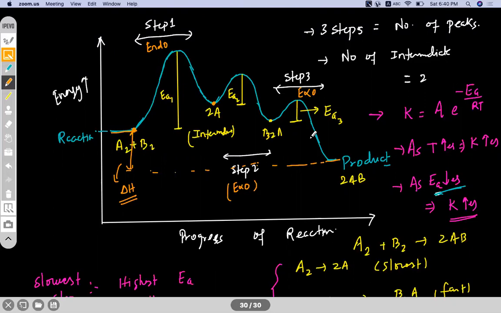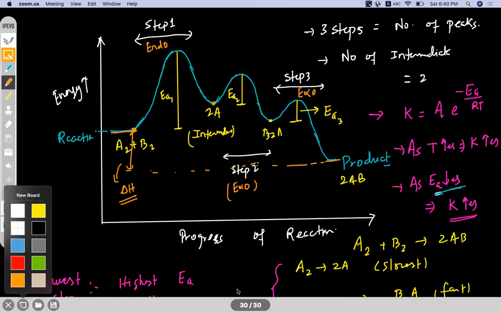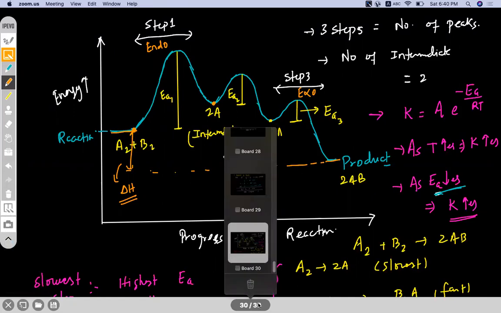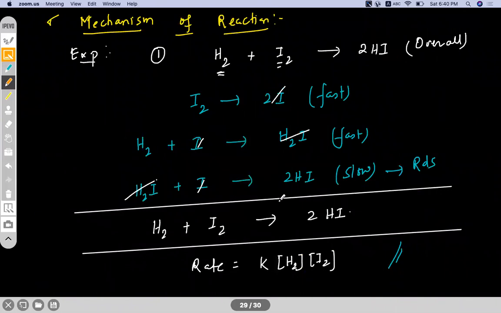You want me to draw the graph of H2 I2 also? Okay, I'll draw that. I'm assuming, because we don't have exact data for this, we know that overall the reaction is exothermic.